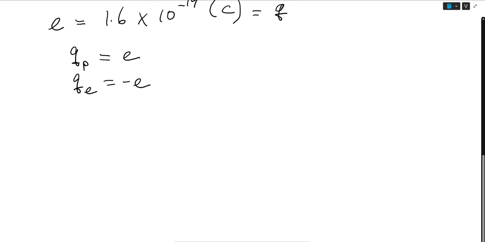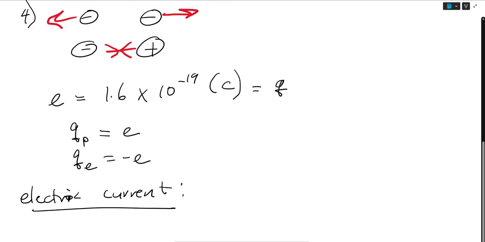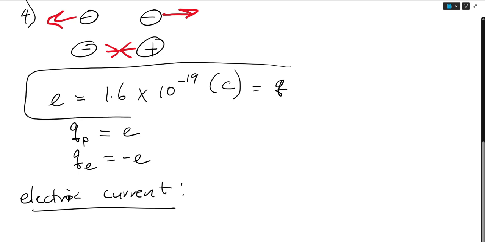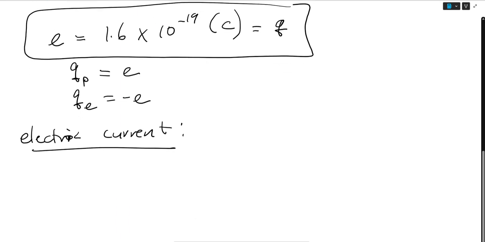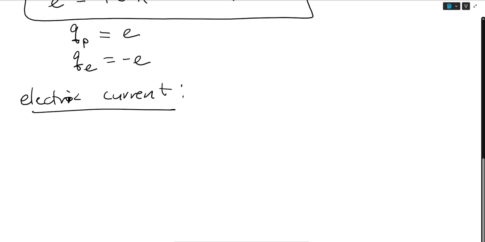So now let's define what is electric current. In order to define electric current, we really need to understand that the charge of a single electron is defined as 1.6 times 10 to the negative 19 coulombs. And now, electric current is the action by charge attracting or repelling each other, causing the movement of charge from one location to another.